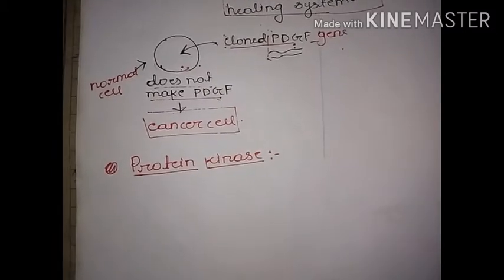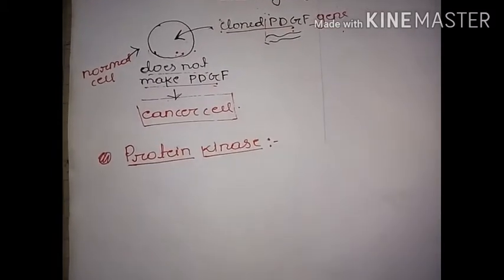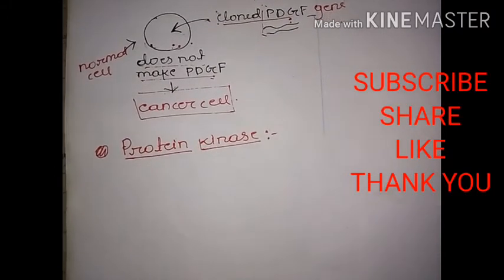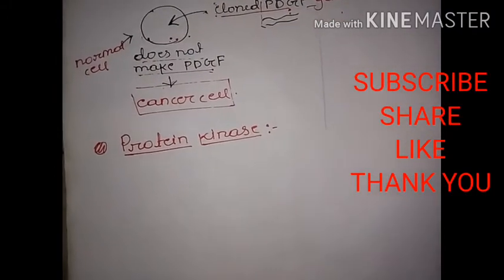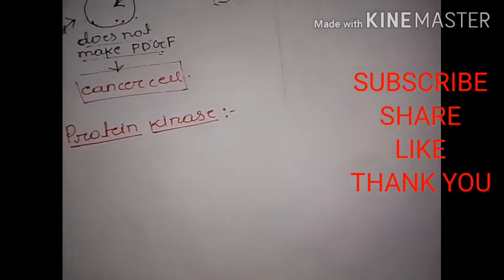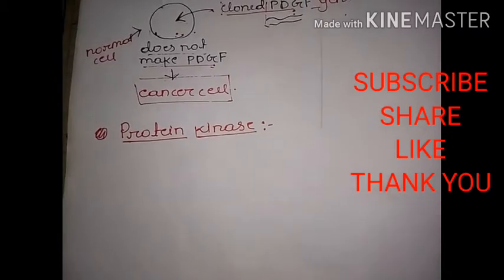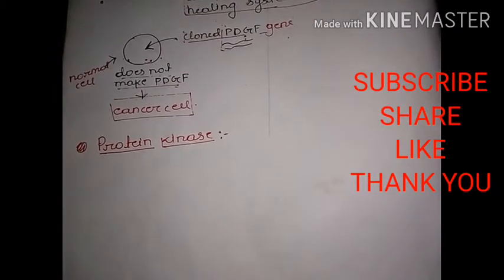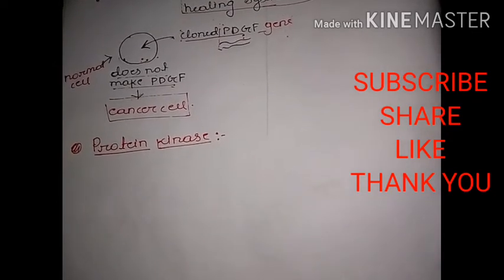Suppose here we take an example so that we can understand it better. For example, the SRC gene product is a non-receptor protein kinase called PP60 SRC.